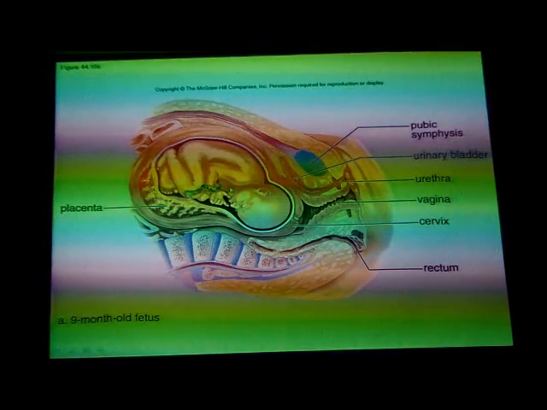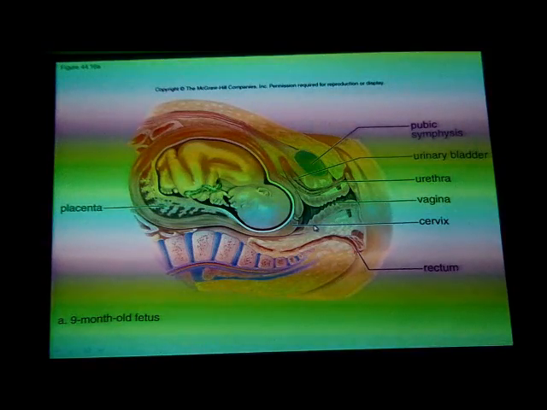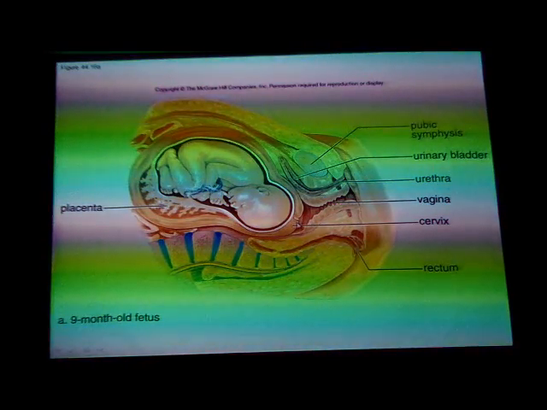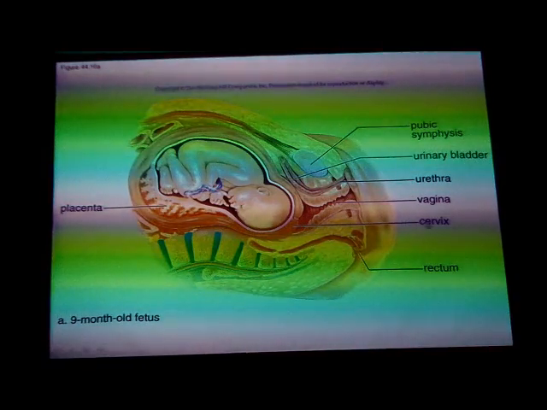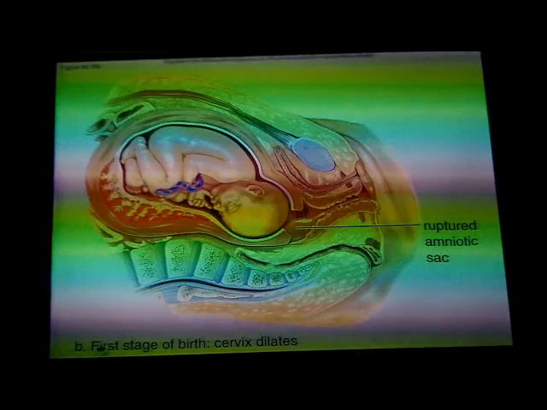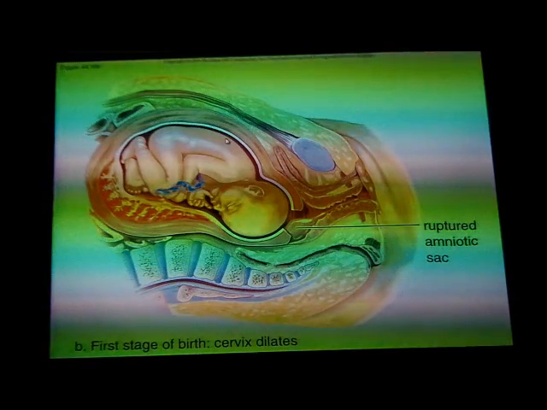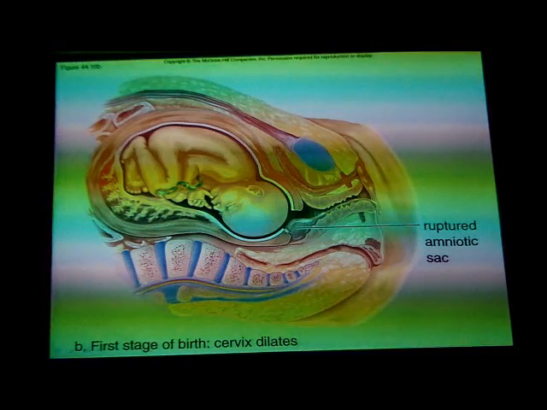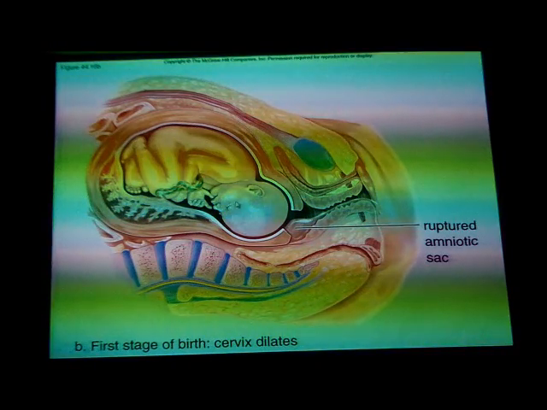So the baby has got to go out of the vagina and the water breaks. This little opening, it's called the cervix, and it's going to break open. Bam, you see it breaks open and all the water rushes out from around the baby. That's called the water breaking. And now that means the baby's coming.